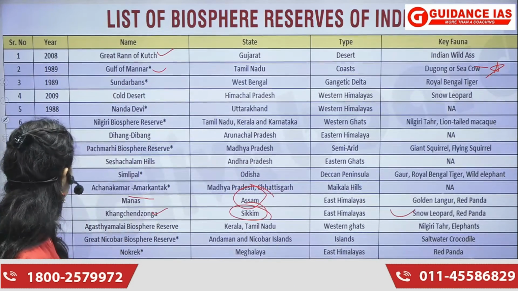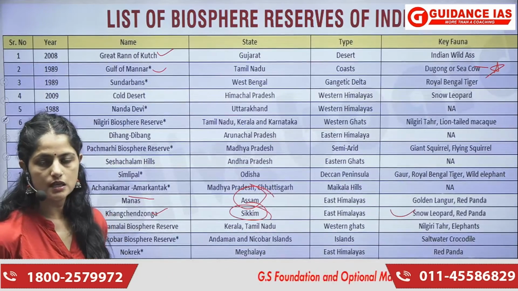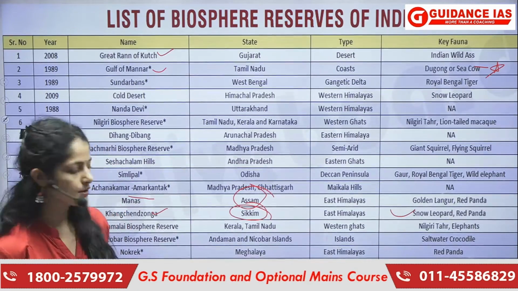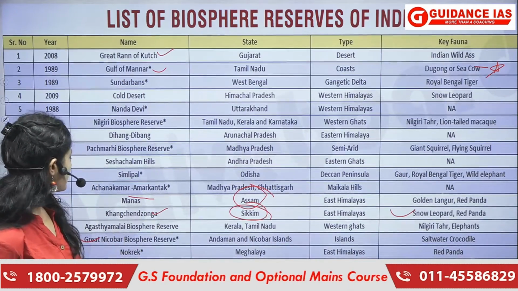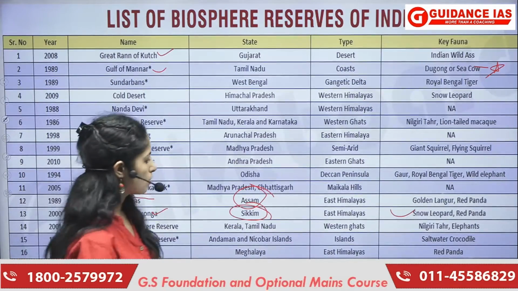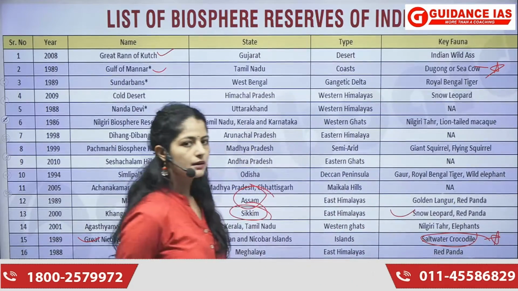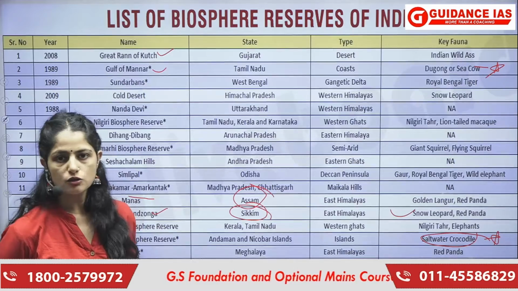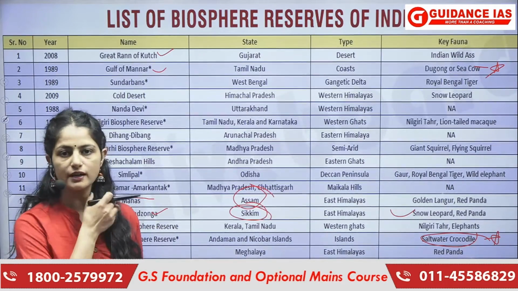Next, we have Agasthyamalai Biosphere Reserve, which is in Kerala and Tamil Nadu, again situated in the Western Ghats, and you'll find important species of elephants and Nilgiri tahr here. Up next, we have Great Nicobar Biosphere Reserve in Andaman and Nicobar, obviously, and you will find saltwater crocodiles here. Very, very important species. UPSC keeps asking questions on crocodiles. Either the answer will be crocodile, or in any of the options you'll find crocodile as an option.